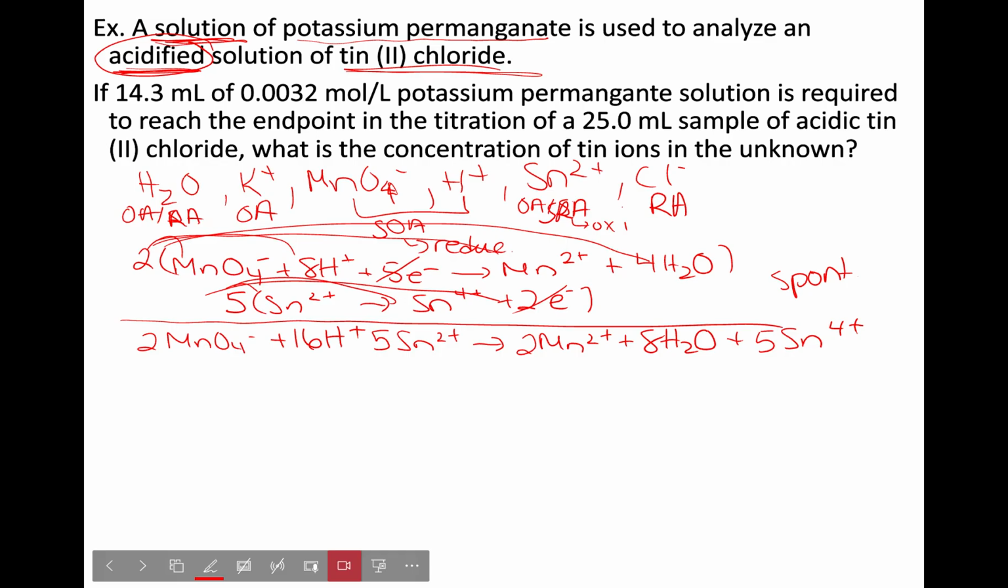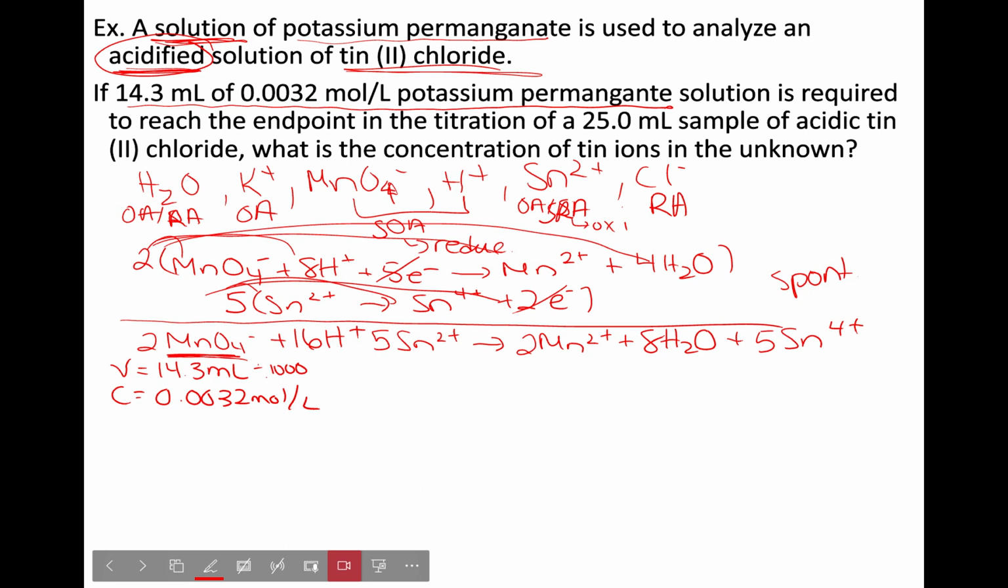And now we can add the stoich to it. So from here, we have some information of potassium permanganate. That would be the permanganate part of our reaction. So the volume is 14.3 milliliters. Your concentration is 0.0032 moles per liter. When we want to get to moles, we'll have to divide our volume by 1,000 so that we have liters.